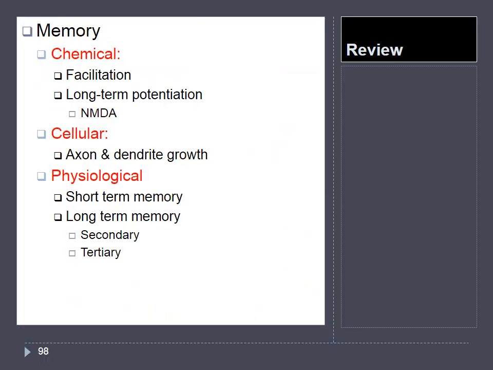So that was a rather lengthy tour of learning and memory. I focused most heavily on fact-based memory, but many of the same changes at a chemical and cellular level that occur with fact-based memory also occur with motor memory.